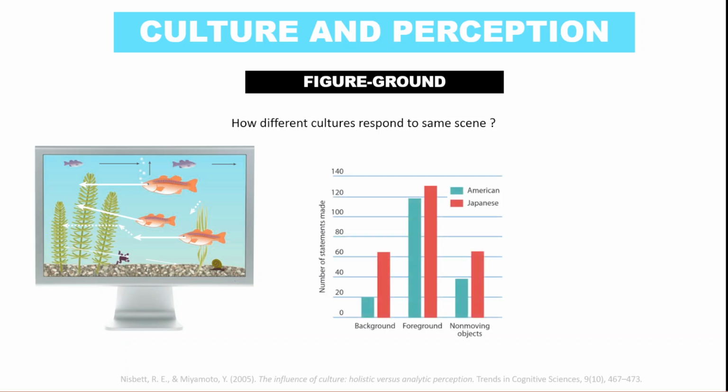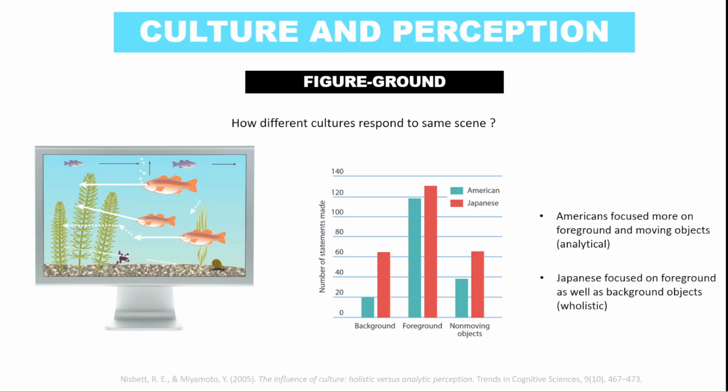It was done on two types of students, American and Japanese. It was found that Americans focused more on the foreground or the moving objects, so they are more analytical in nature. Meanwhile, the Japanese focused on the background objects as well as foreground objects, so they are more holistic. They take the whole picture into the mind. So that's the basic idea.